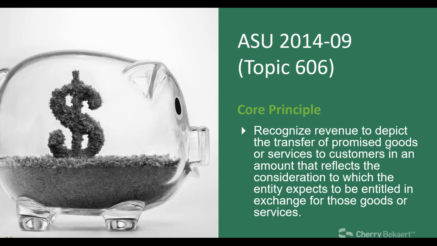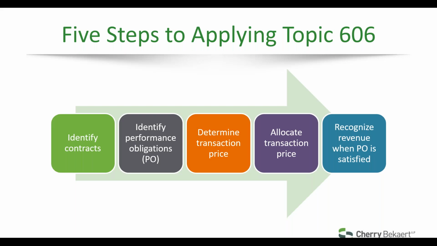So basically you're going to transfer goods and services, you're going to receive compensation for those, and that is the way revenue will be recognized. Now, what's behind that core principle? It seems very simple, these 5 simple steps when applying the revenue recognition standard, but it is more complicated than it looks.